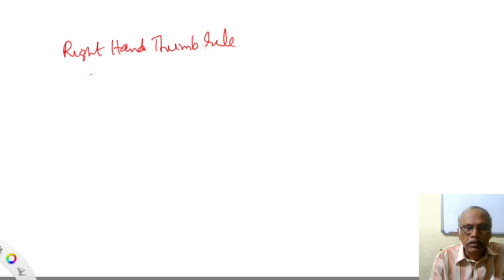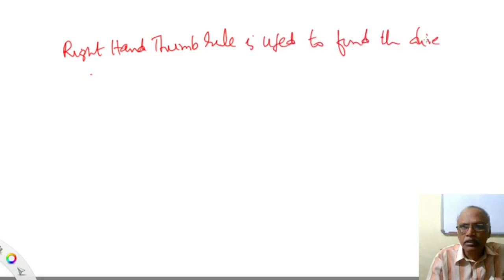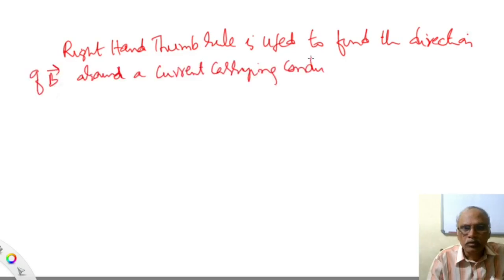To find the direction of magnetic field around a current carrying conductor.